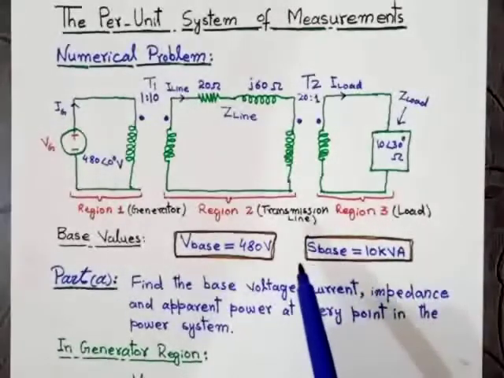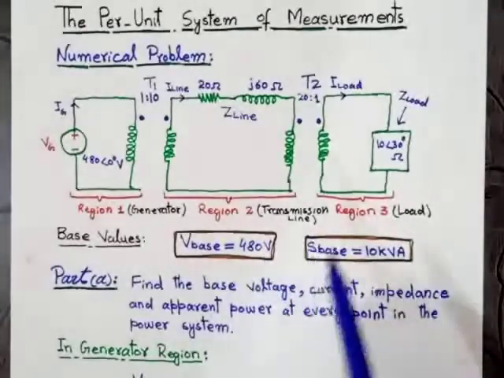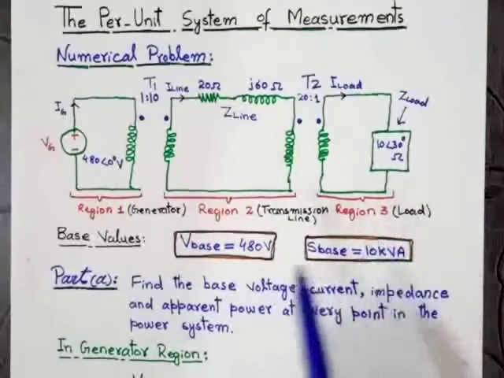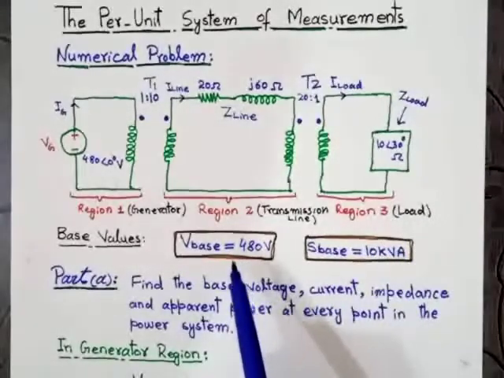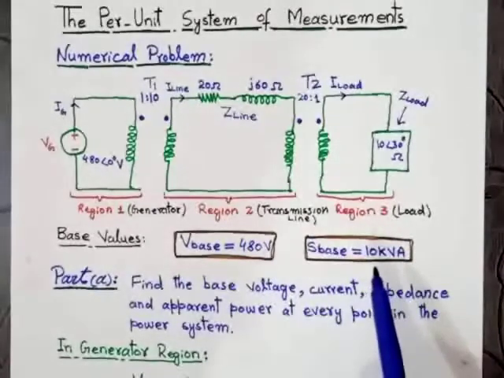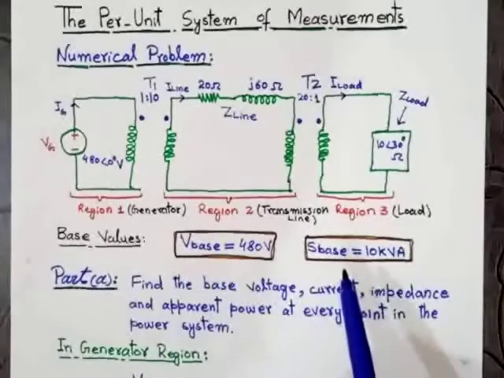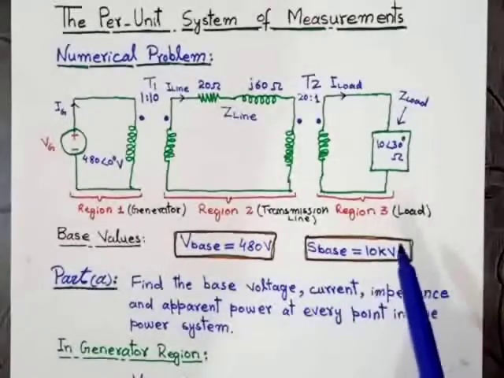As per the definition, the base value should be a multiple of 10 or a power of 10. So this value is a multiple of 10, and this value is also a multiple of 10 as well. So these are the base values V base and S base which are given in this numerical problem.